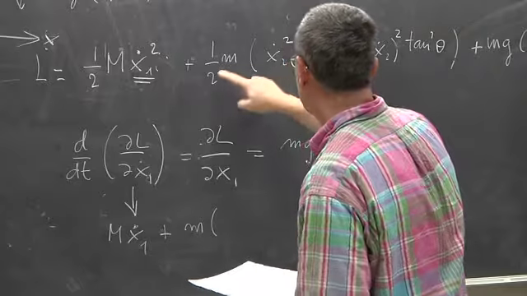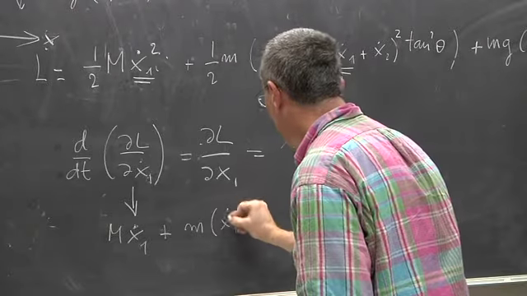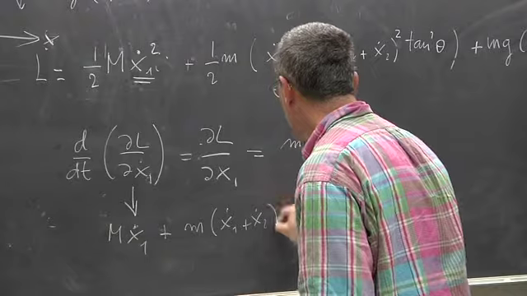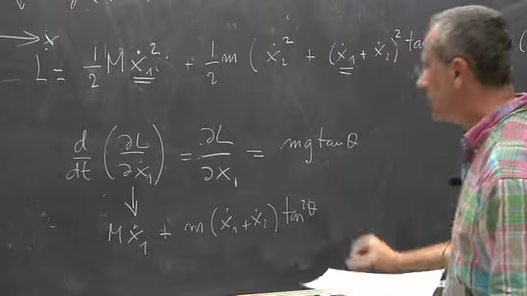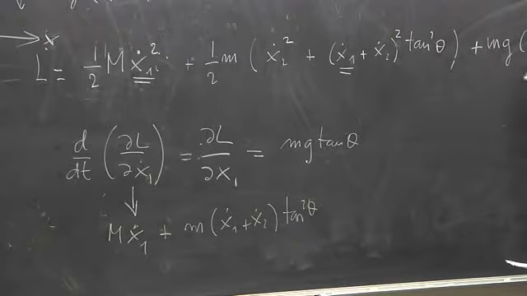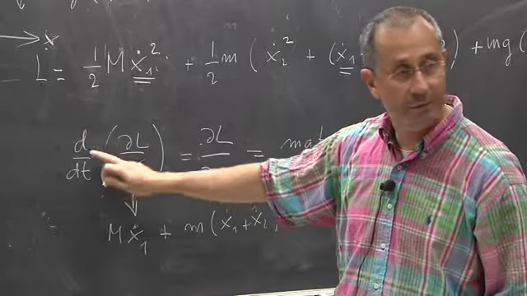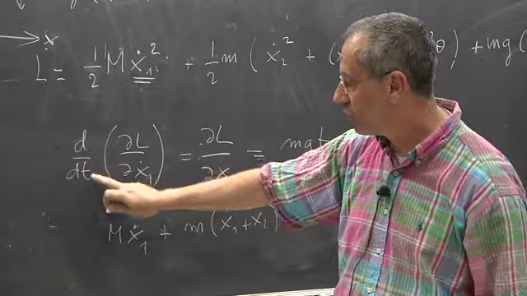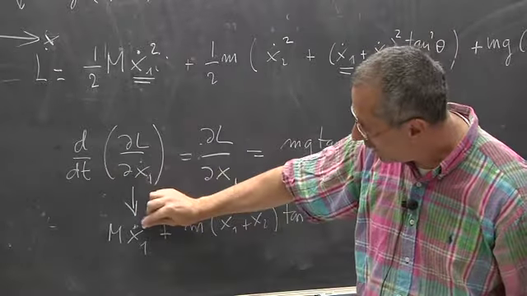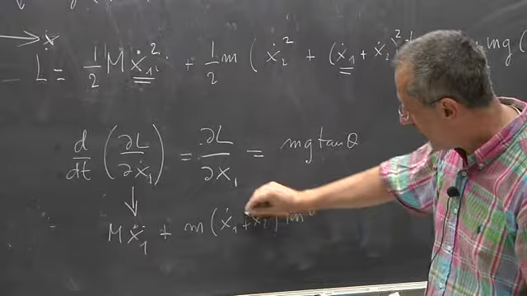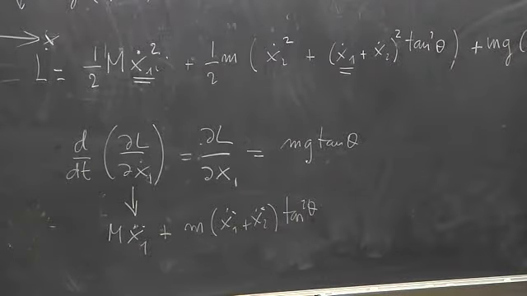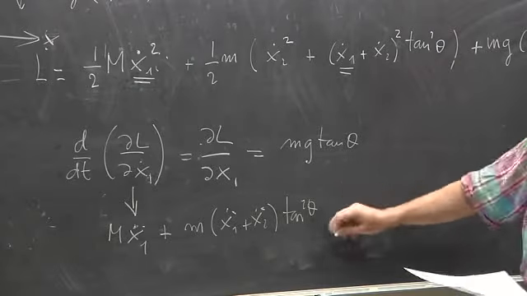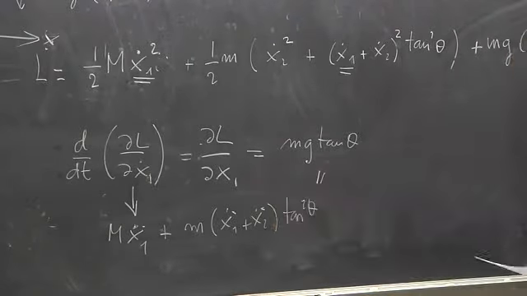So I have 2m x1 dot plus x2 dot tangent square theta. And nothing here because there is no velocity. But I have to take the total derivative now of whatever I have here. So I add a dot, and I add a dot, and I add a dot, and nothing here because this is a constant. So this equal to this is my first equation.